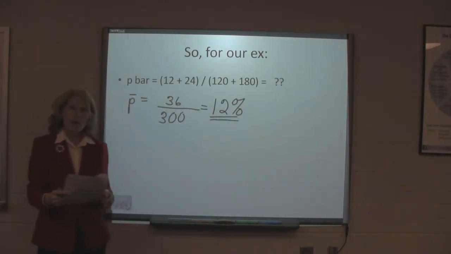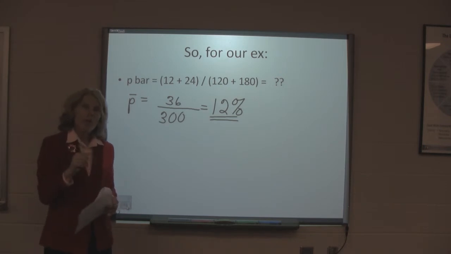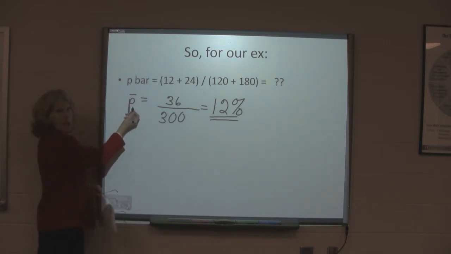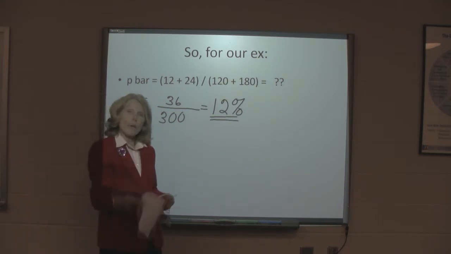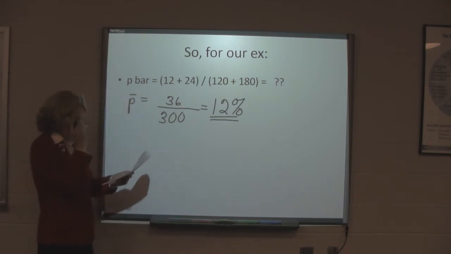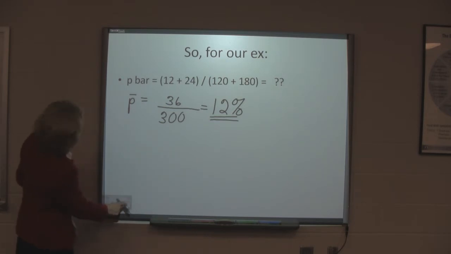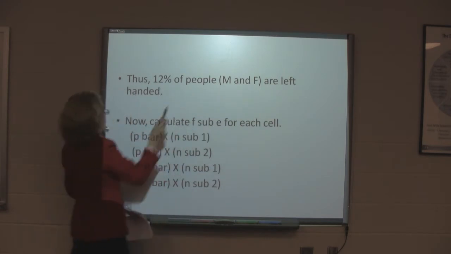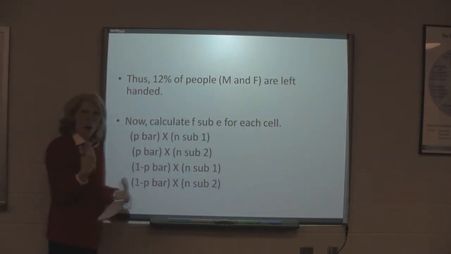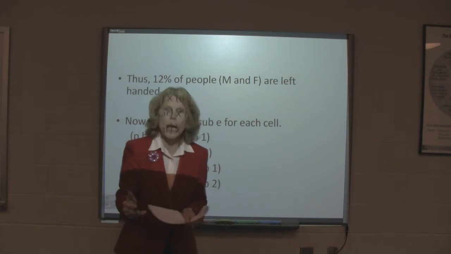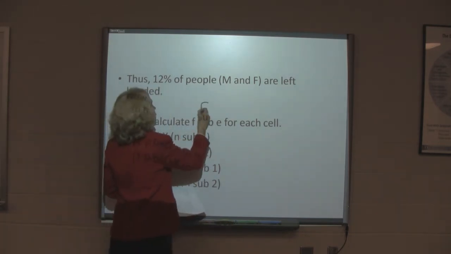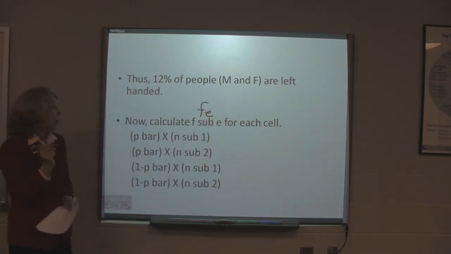In the sample, the proportion of people who are left-handed is 12%. That's males and females together. Notice that this p-bar does not have a 1 or 2 on it. That's the overall proportion. 12% of the people, males and females, are left-handed. Now, armed with the 12% from the sample, we can now calculate F sub E for each cell.